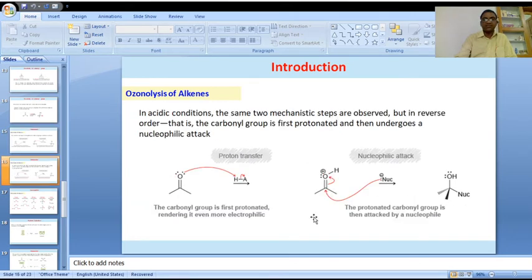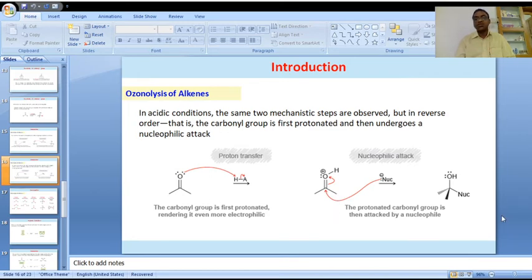Please observe. Acidic condition. Here, in acidic condition, the same two mechanistic steps are observed, but in reverse order. Please observe. These same two steps are involved in this reaction.